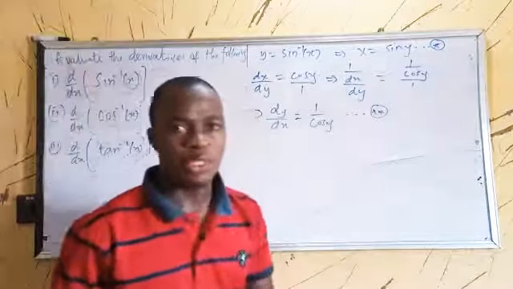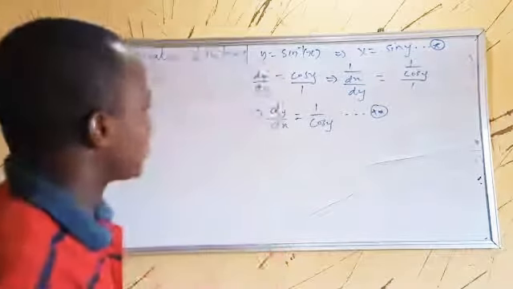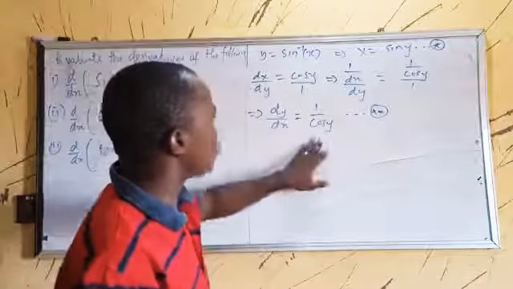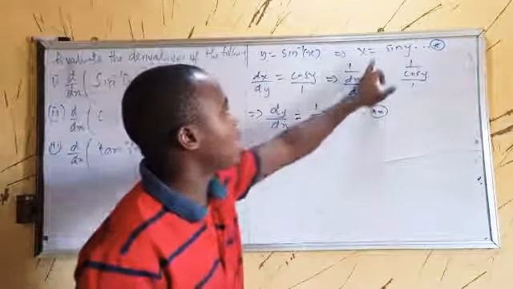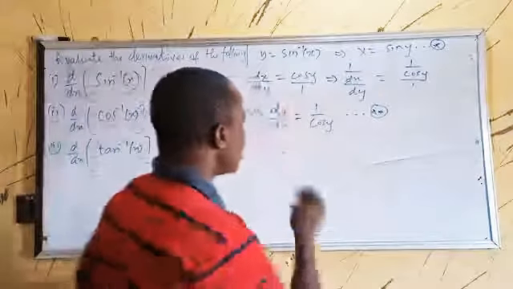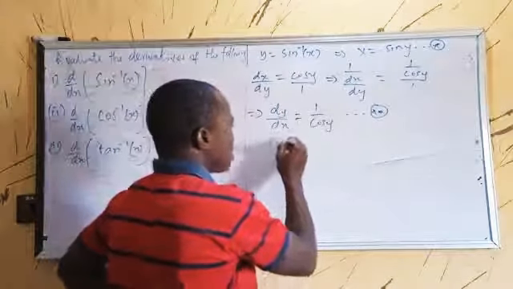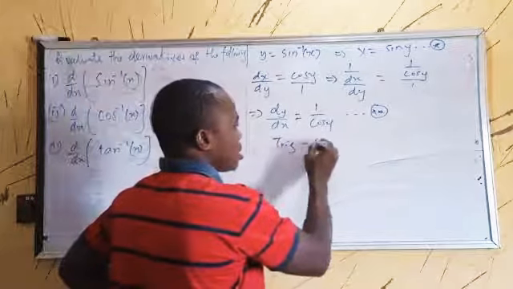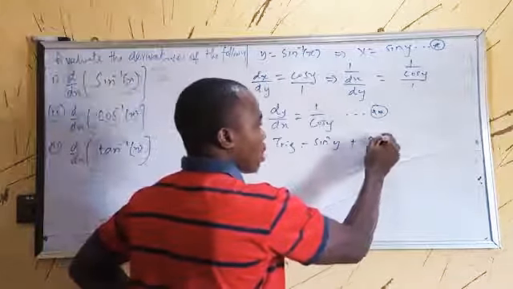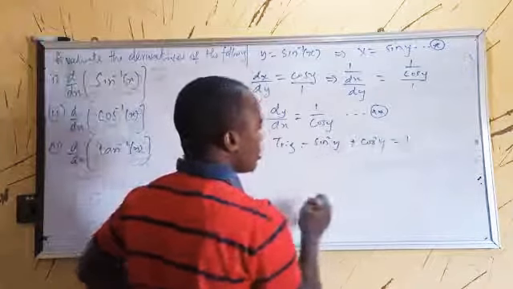So now what is the next thing to do here? Because we have cos y, and don't forget that we have our x equal to sine y, you now go to the trig identity that says sine squared y plus cos squared y equals 1.